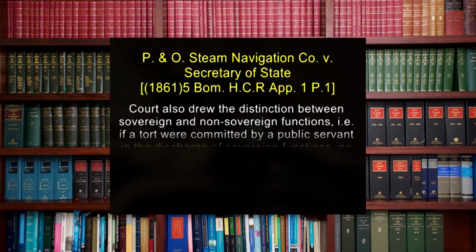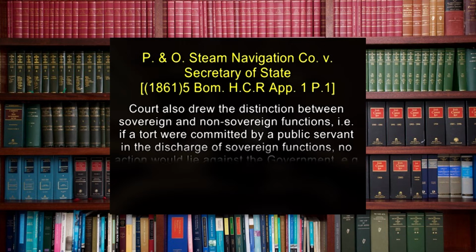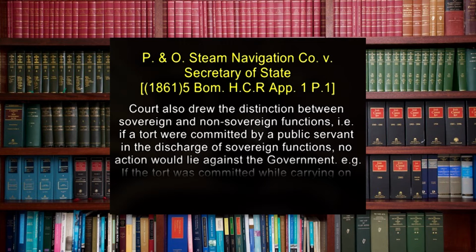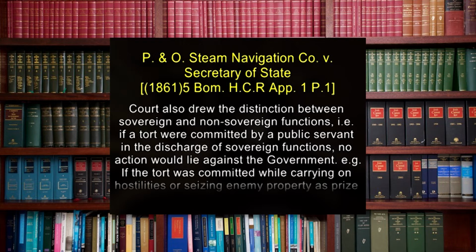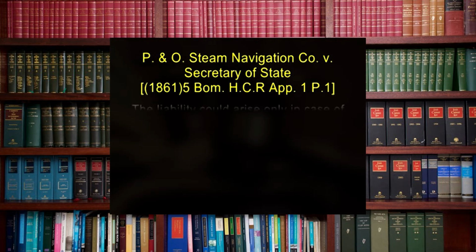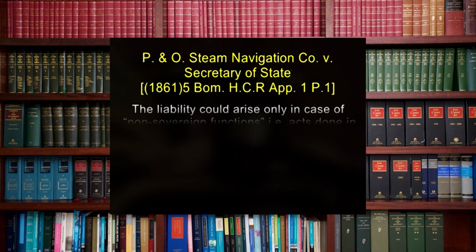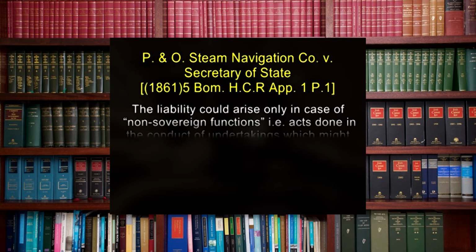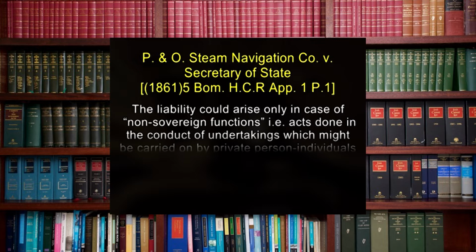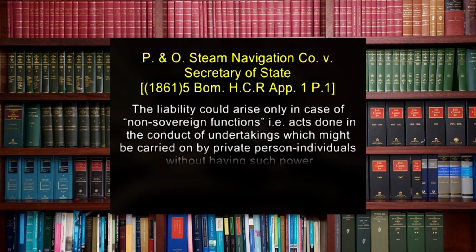That is, if a tort were committed by a public servant in the discharge of sovereign functions, no action would lie against the government. For example, if the tort was committed while carrying on hostilities or seizing enemy property as prize, the liability could arise only in case of non-sovereign functions, that is, acts done in the conduct of undertakings which might be carried on by private individuals without having such power.